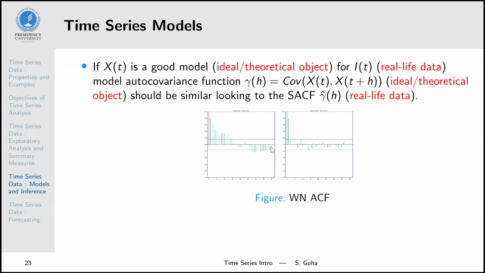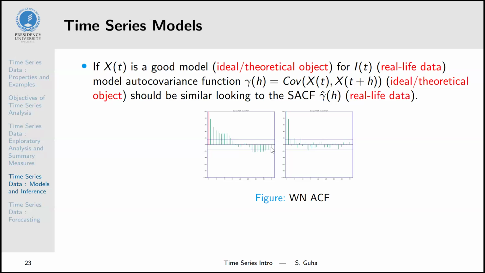Now here I try to motivate the same thing. If xt is a good model for the irregular component, the model is like, as I have explained, an ideal object. It's like a theoretical object. It's a random variable. People can do mathematics with this ideal object.